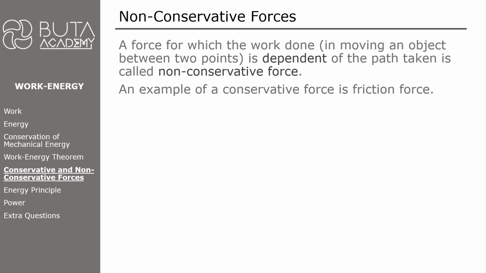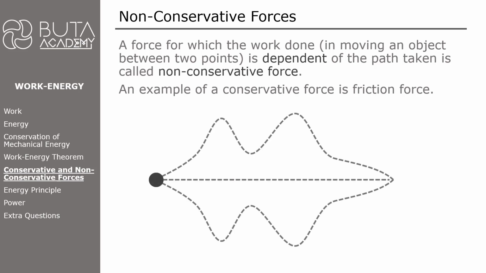Let's imagine an object and three different paths it can take from the beginning point on the left to the final point on the right of the diagram. While moving from one point to another, the object will experience a friction force at each point of the path. Due to friction, some of its kinetic energy will change to heat energy.